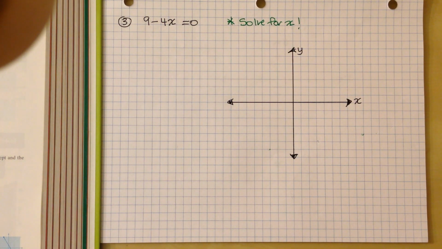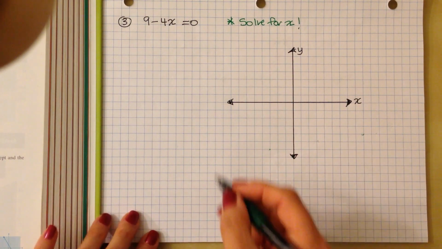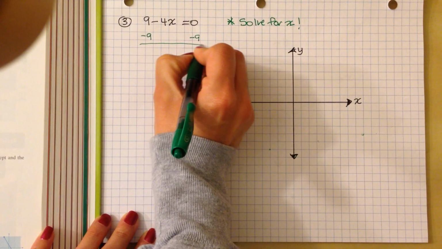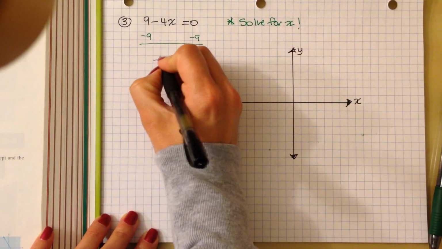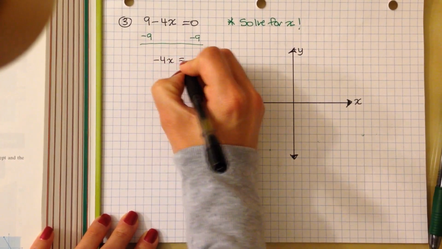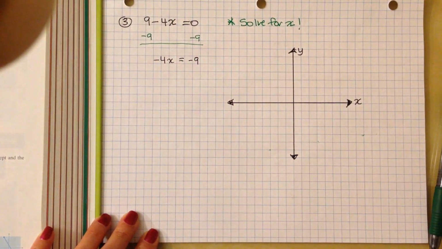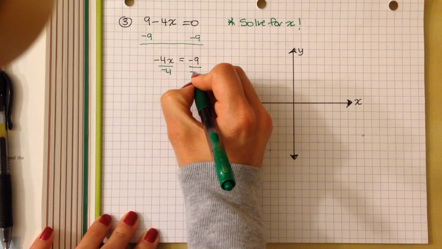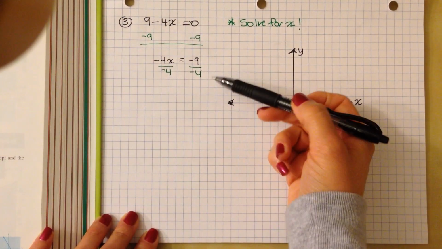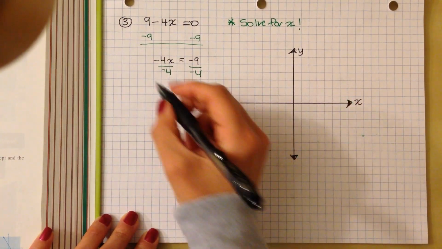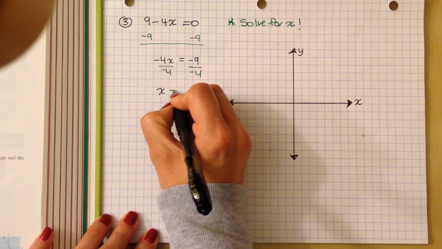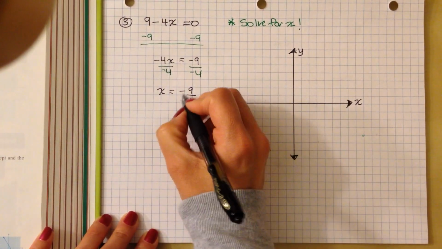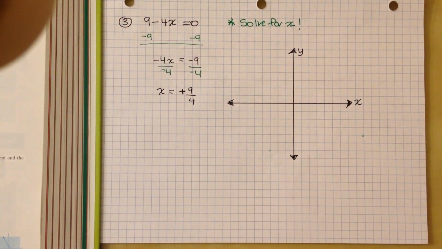So the first thing is subtract 9 from both sides, which gives us negative 4x equal to negative 9. One more step, divide by negative 4, both sides. Make sure you simplify, your fraction becomes positive. So this is x is equal to negative 9 over 4, or rather positive 9 over 4.